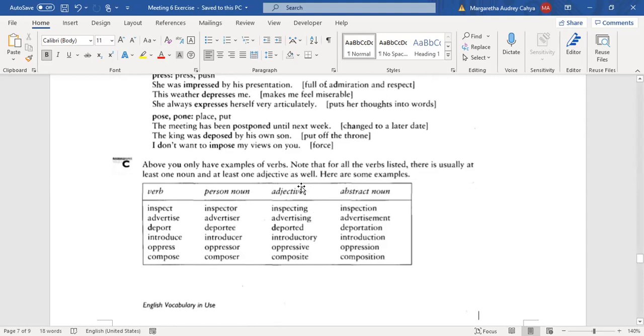Then if you want to change into adjective, it could be ing, it could be ed, it could be ry, it could be ve or te. Composite, oppressive, introductory, deported, advertising, inspecting. It's because there are like 30 something suffixes.